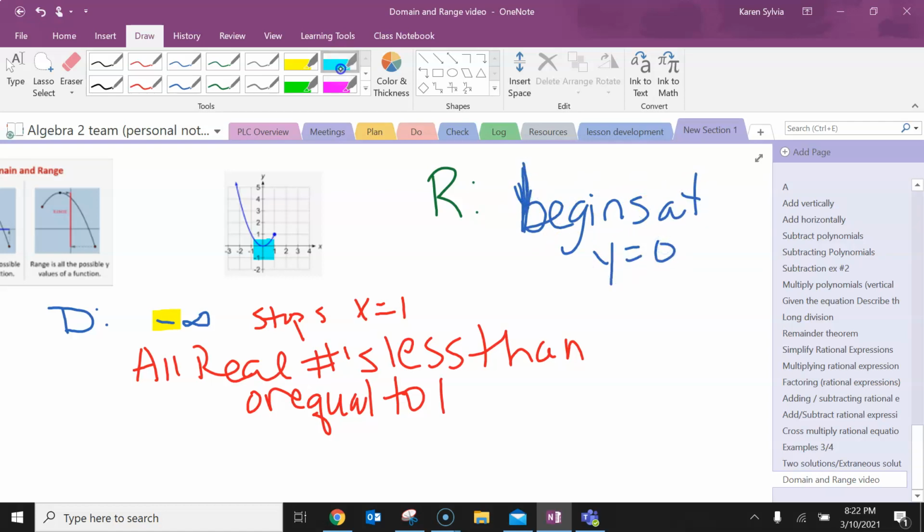And as I continue looking upwards in this graph, yes, it stops right there at that point, but the left side of it keeps going up and up and up. So again, I want to see how far up it's going, and that arrow is pointing upwards, which means that it's going to positive infinity.